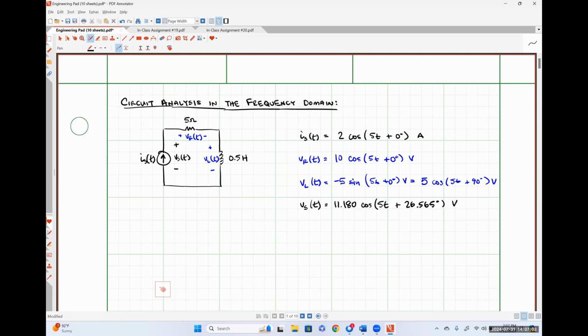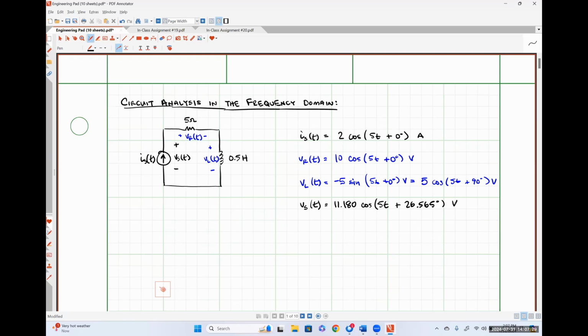To sort all of that out, we had to use a little bit of trig, a little bit of calculus, and not a whole heck of a lot of circuit theory. The only circuit theory that we really applied was Kirchhoff's voltage law, which told us to add those two signals together to get the source voltage. Everything past that was trig and calculus.